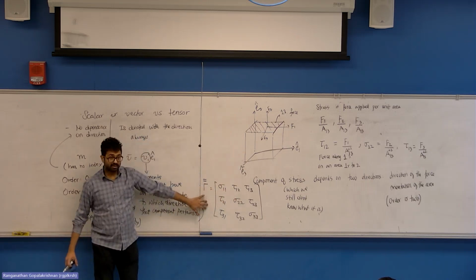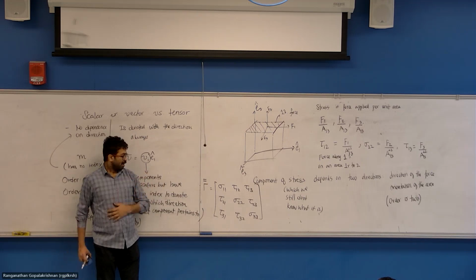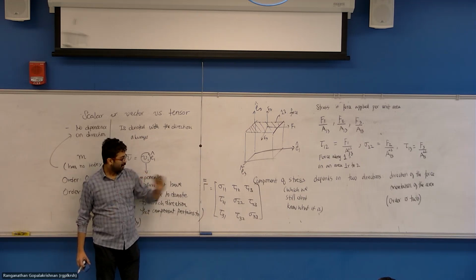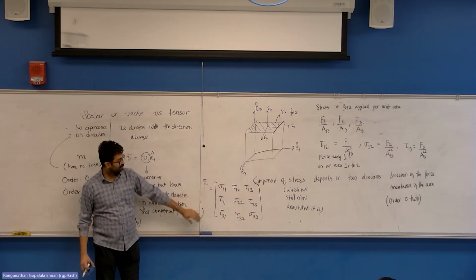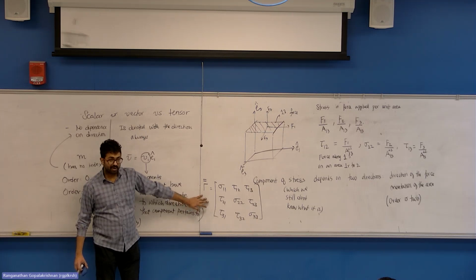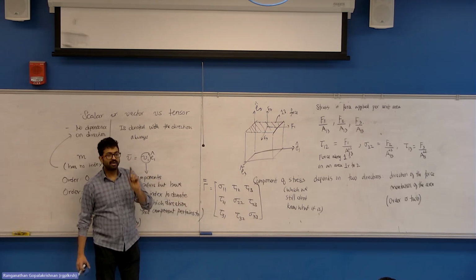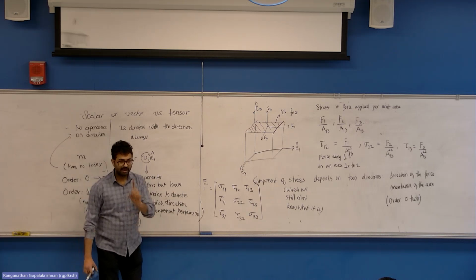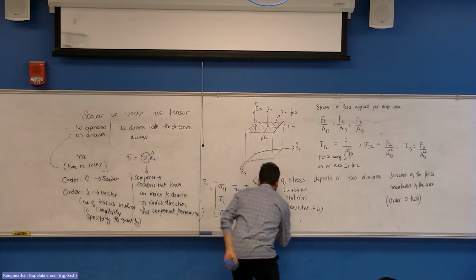This set of 9 numbers are the components of a tensor if and only if they obey a certain condition. Let me write that sentence down.